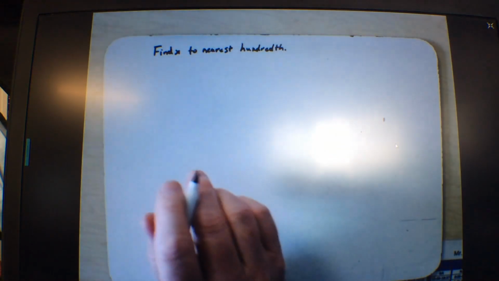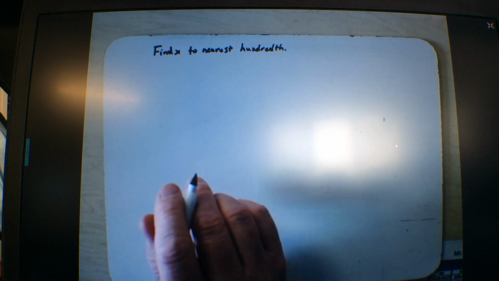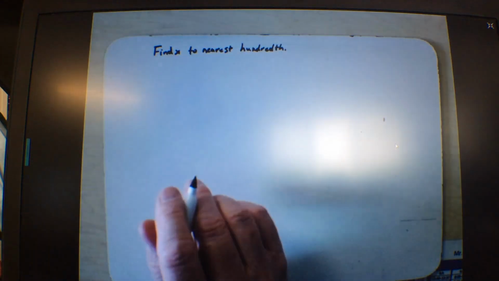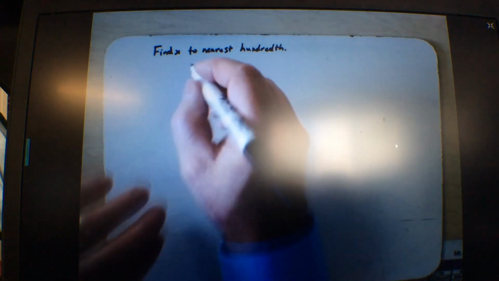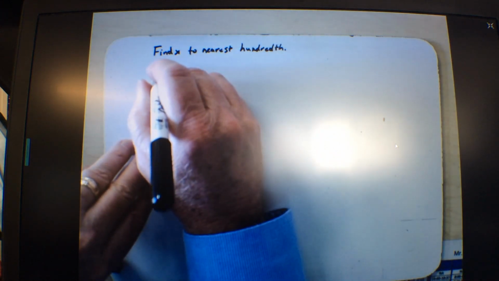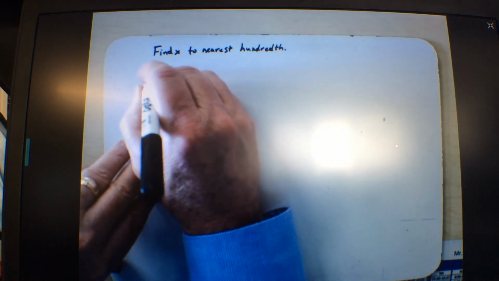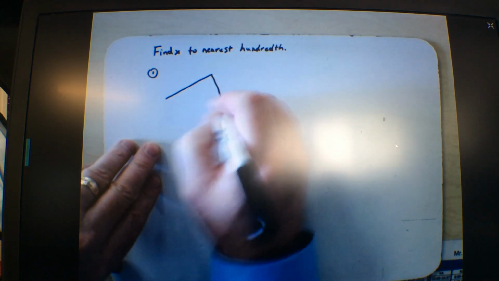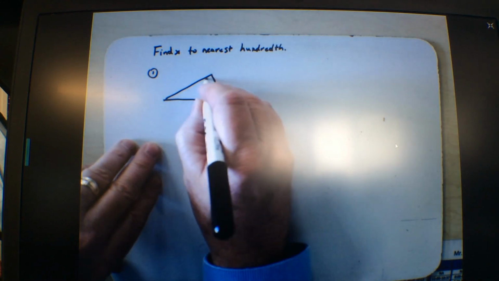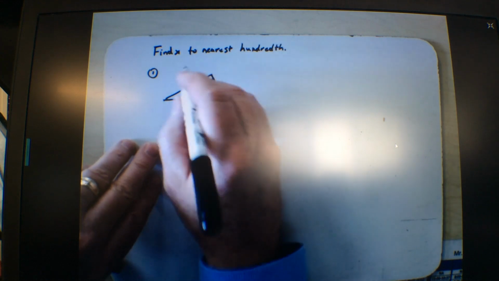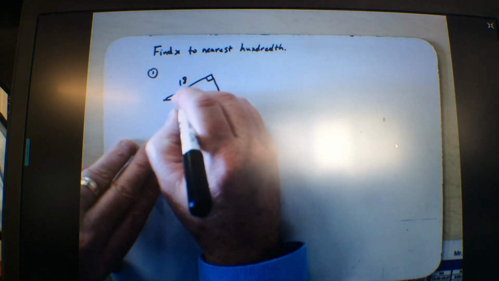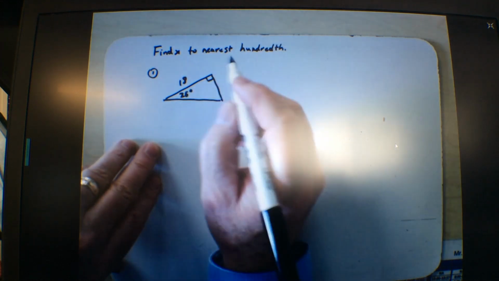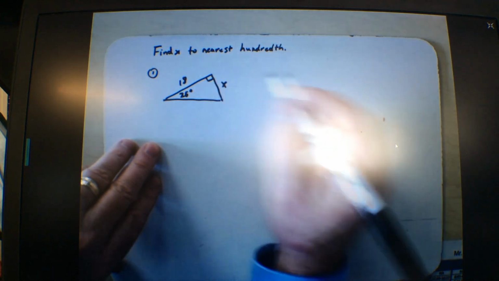Let me double check that. Yep. Let's do number 1. I'm going to draw my right triangle weird. This is 18, and this is 25 degrees, and I want to know x.